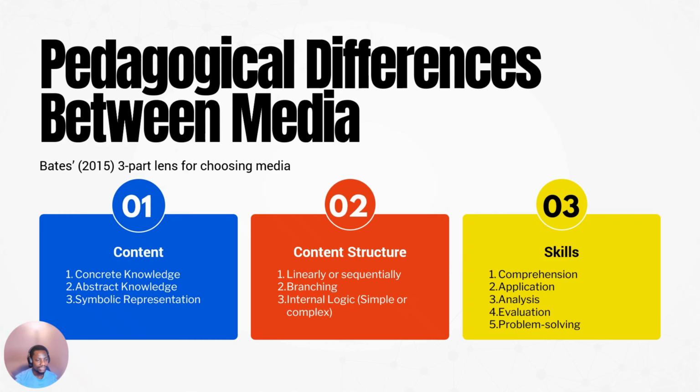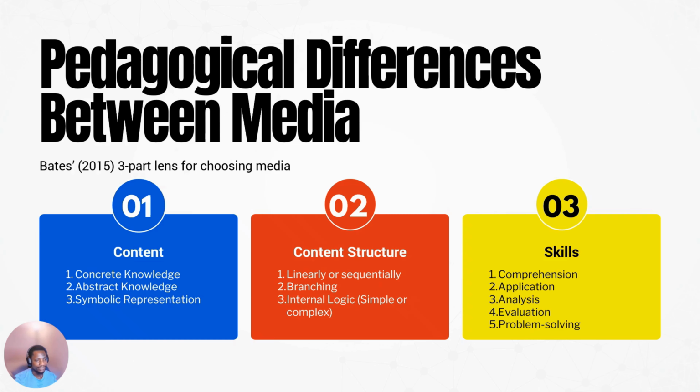When we come to content structure, this is about the way the medium organizes the learning experience in general, right? So it can be organized linearly or sequentially. In other ways, it can organize content using branching or internal logic.